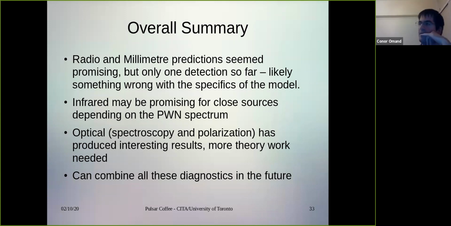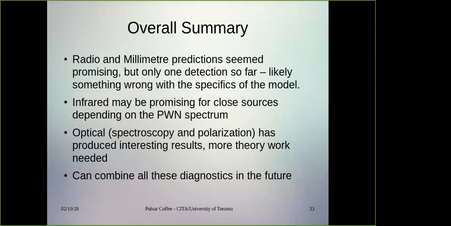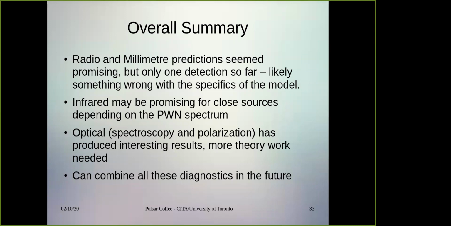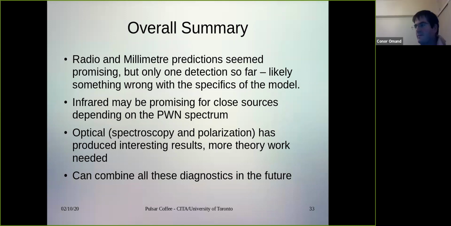Right. If it escapes the supernova ejecta at all. Yes, that's right. But even when it does escape, you would be seeing it from further out than the higher frequency ones. That makes sense. So with VLBI, you have an additional prediction here about how big the object is at different frequencies. Yeah, that makes sense.